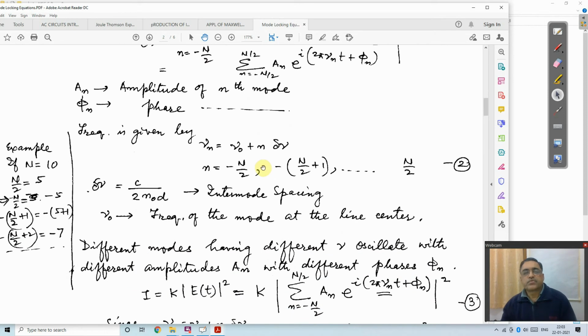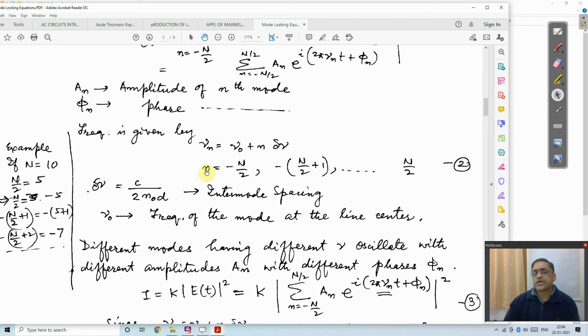Such frequencies are oriented about the central frequency and are given by n into delta nu, because delta nu is the least count here. So n times we travel, n are the steps, and delta nu is the length of the step.